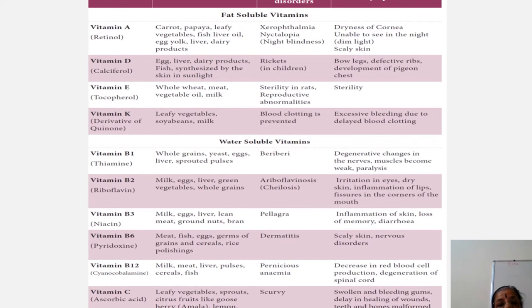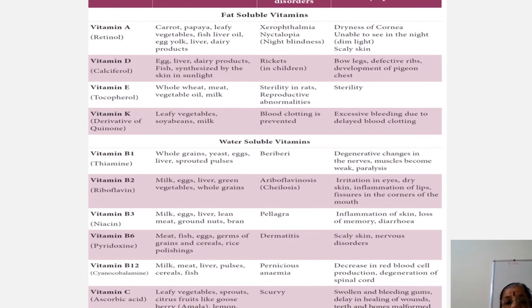Right? For fat soluble vitamins we are learning sources, deficiency, disorder and symptoms. Sources, as I showed in the first picture: carrot, papaya, all leafy vegetables, fish liver oil, egg yolk, liver, dairy products. Dairy products means milk products.